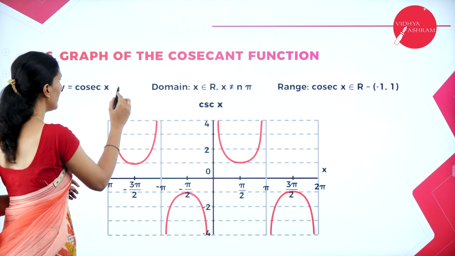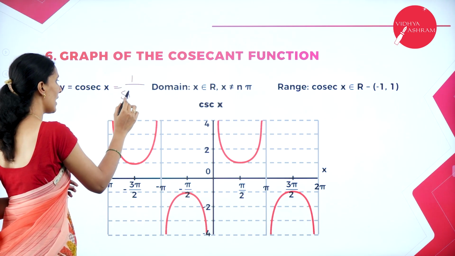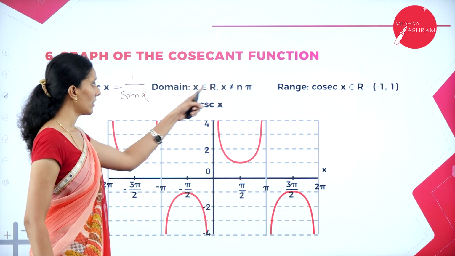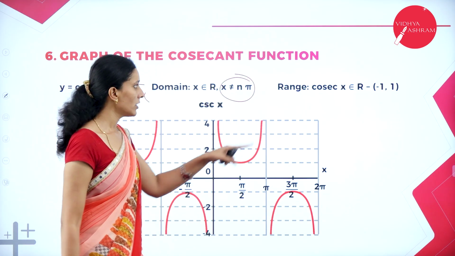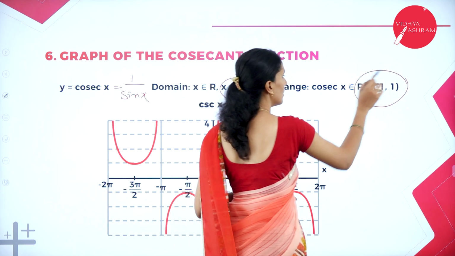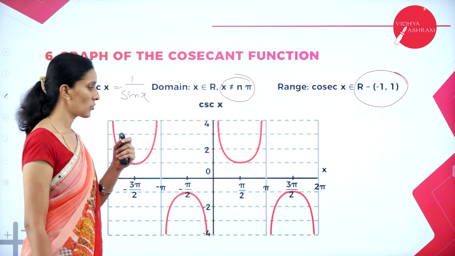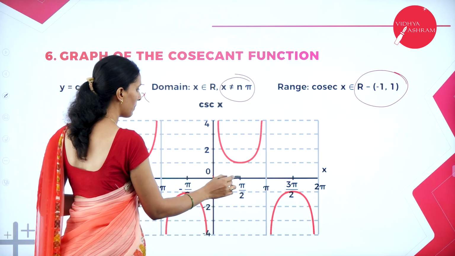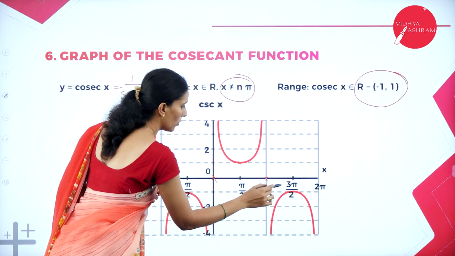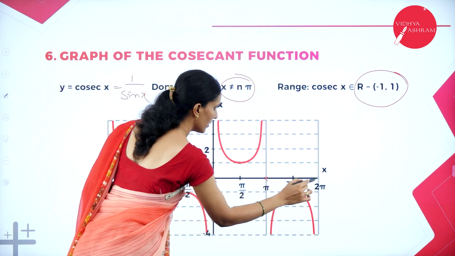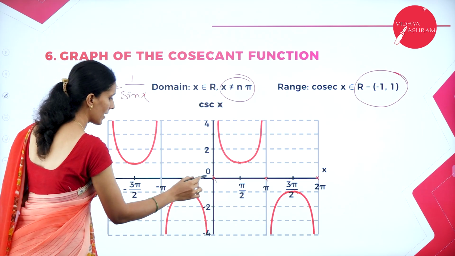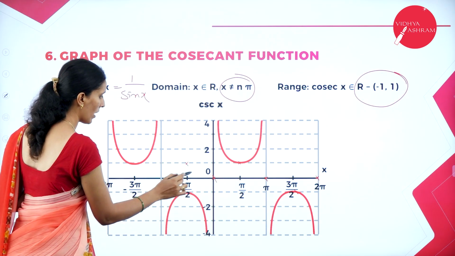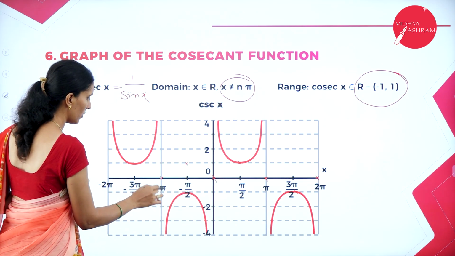Similarly, cosecant is nothing but 1 by sine, and x cannot take the values n pi, and the range is R minus (minus 1, 1). Now the sine function: sine 0 is 0, sine pi by 2 is plus 1, then 0, and again sine 0 is 0, sine pi by 2 is 1, and 0.